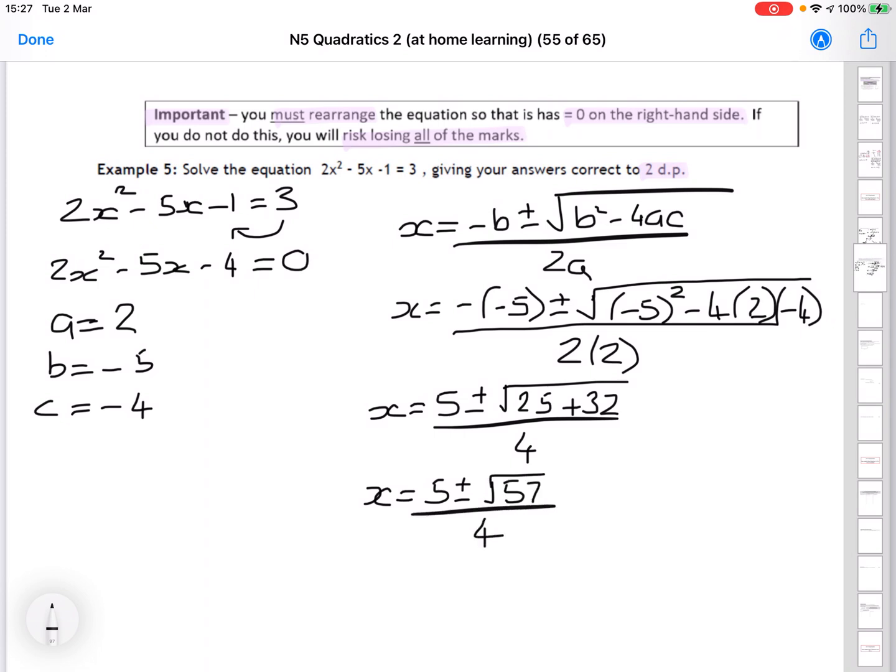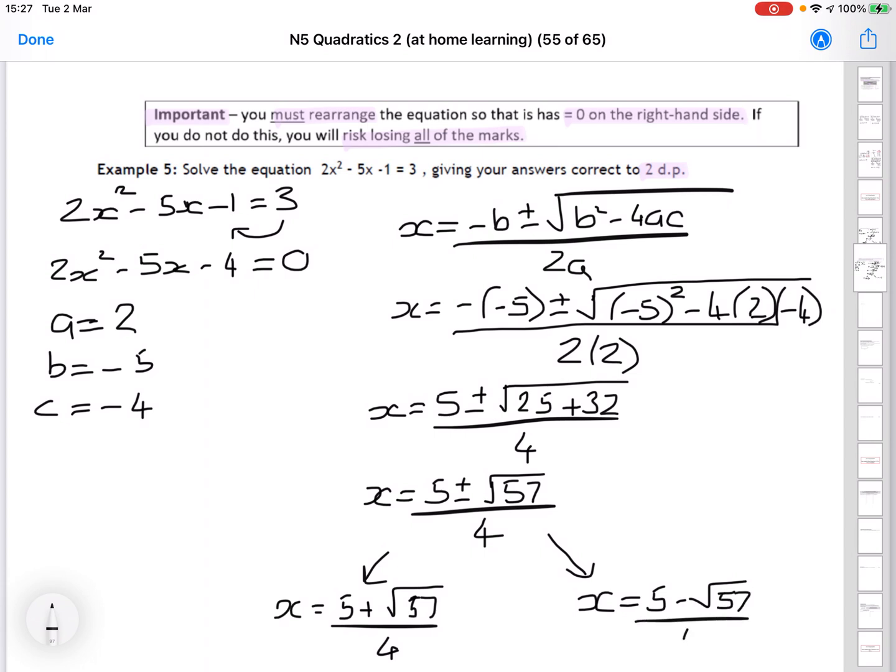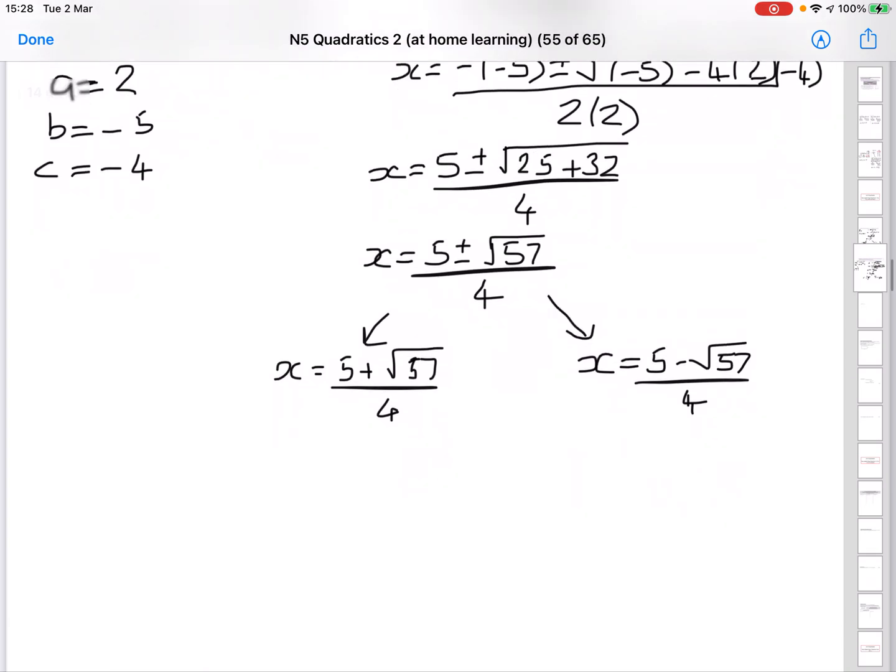And now we're going to split off and do 1 plus and 1 minus. So we've got x equals 5 plus root 57 over 4. And we have x equals 5 minus root 57 over 4. We're doing our answers to 2 decimal places today, so we need to remember to write out enough decimal places to then round.